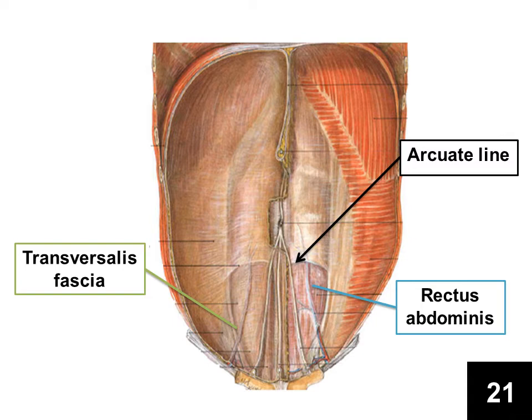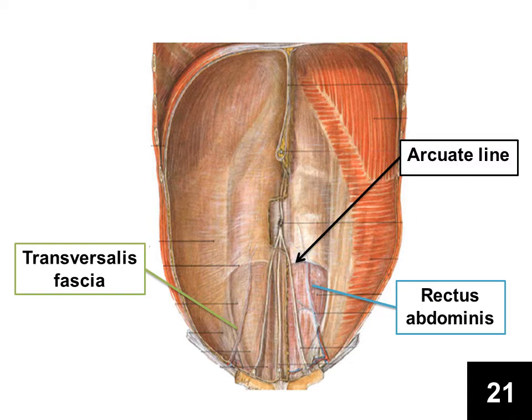Here, looking at the posterior aspect of the anterolateral abdominal wall, you can see the arcuate line.